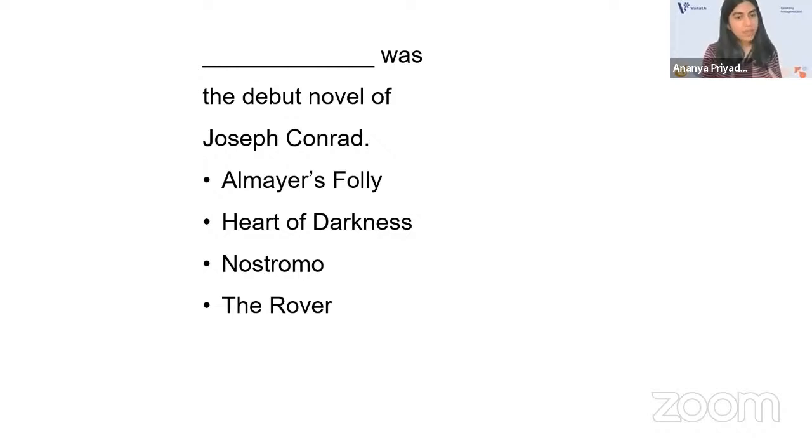Dash was the debut novel of Joseph Conrad. Is it Almayer's Folly, Heart of Darkness, Nostromo, or The Rover? Joseph Conrad, as you all know, was a writer of Polish descent, and Almayer's Folly was his debut novel.